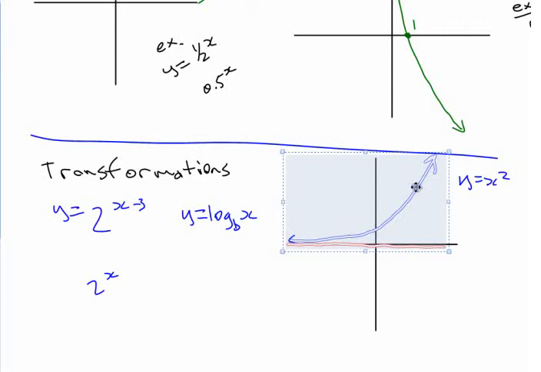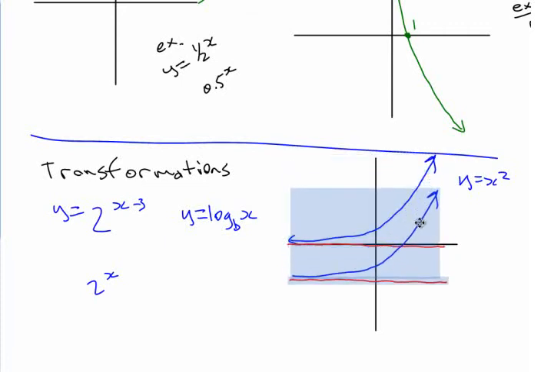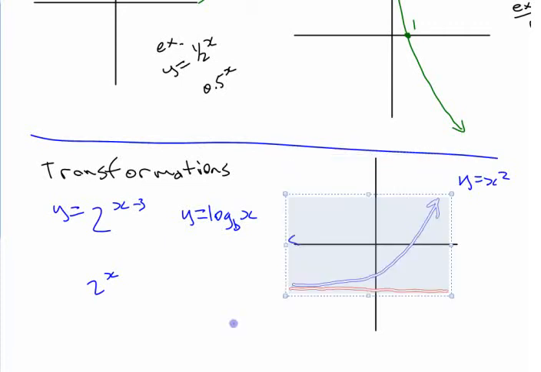If you're translating it down, just think, well, that asymptote moves down. If originally it was at 0, now it's going to be at negative 3. If originally this point right here was at 1, it's going to be at negative 2. And then you can just graph it as though you have some points from there.